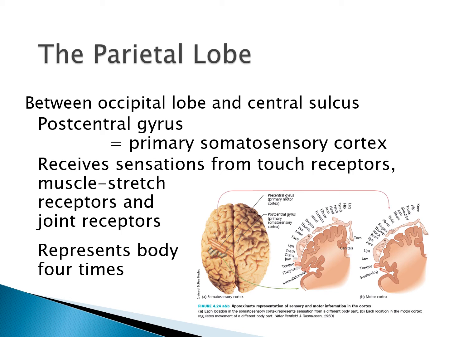It is the post-central gyrus, that outfolding, that is the primary somatosensory cortex. It is receiving sensations from touch receptors, muscle stretch receptors, and joint receptors, and it is representing the body in those layers of the cortex 4 times.